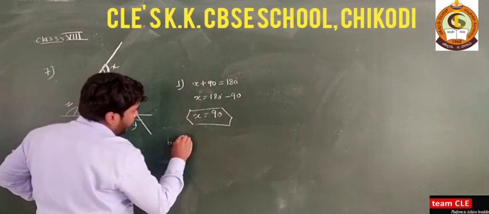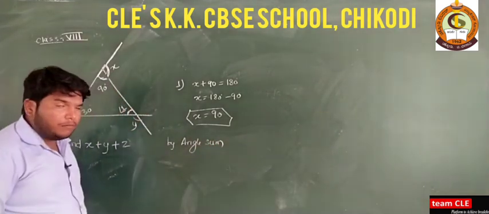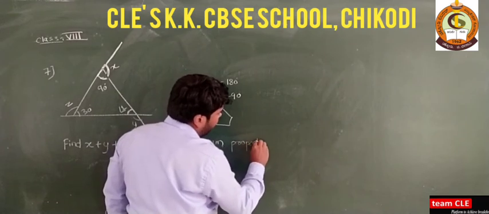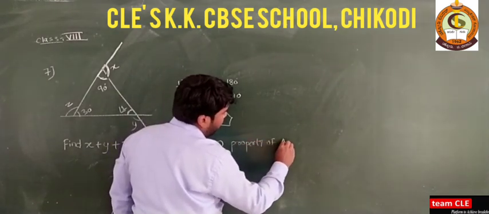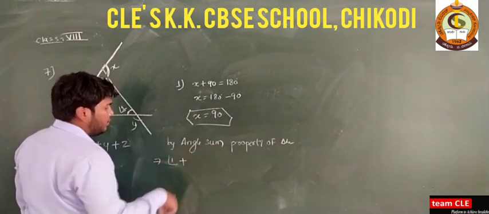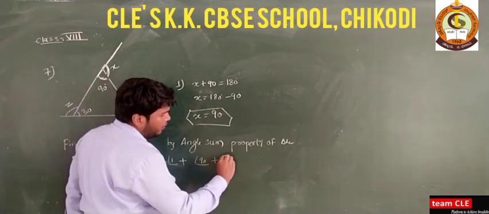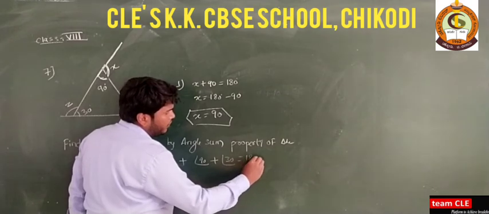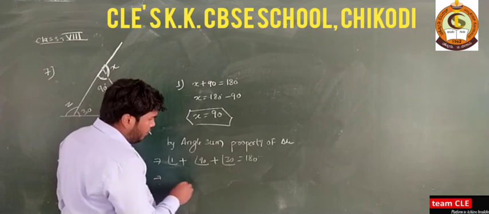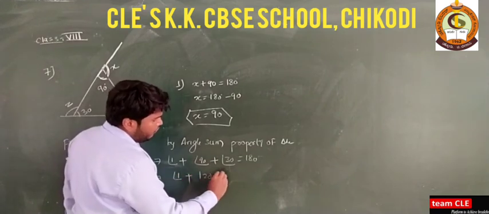By the angle sum property of a triangle, I have angle 1 plus 90 plus 30 is equal to 180 degrees. So angle 1 plus 120 is equal to 180.